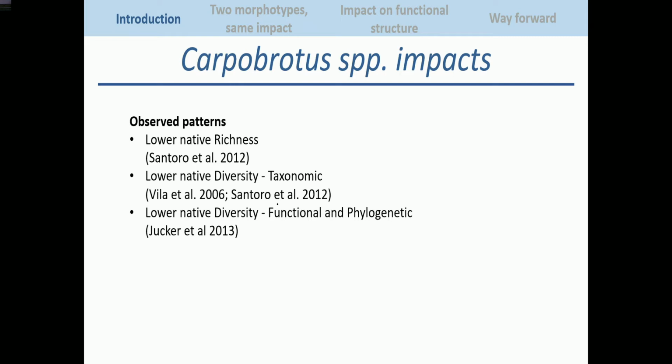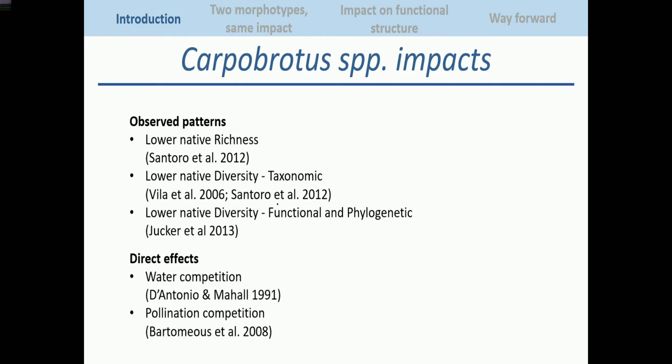And this is because apparently there are some direct effects of Carpobrotus presence on the native species. Apart from competing, obviously, for space, it is also competing for water resources, which are really limited in this kind of environment, where you have a substrate that is not retaining water at all, especially in the communities closer to the sea.